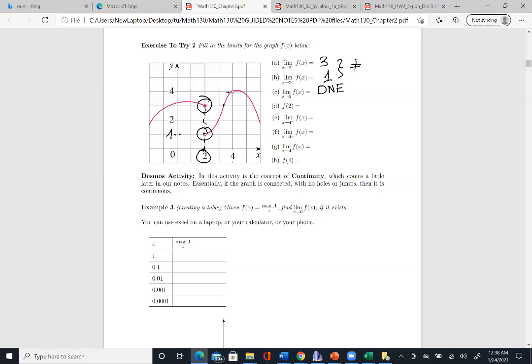Remember that the hole or the open circle over here means that there is no point in here. There's a hole of the graph in here. So you cannot have a value of f(x) at this point. It can happen only for the limit, but if you're asking for the value of f(x) at this one, then there's no value there, right?